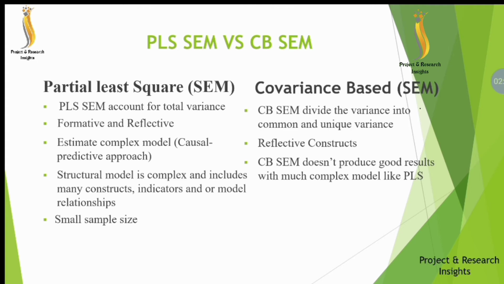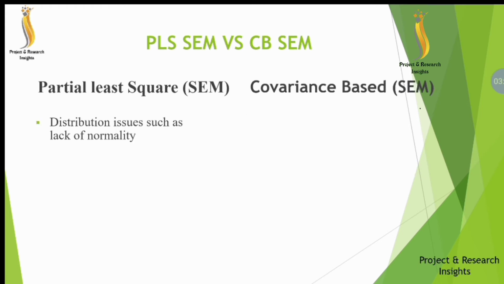On the other hand, covariance-based SEM treats well with a large sample size, like 200 is enough. But it's not just 200, you may exceed to 400, 500 and so much.